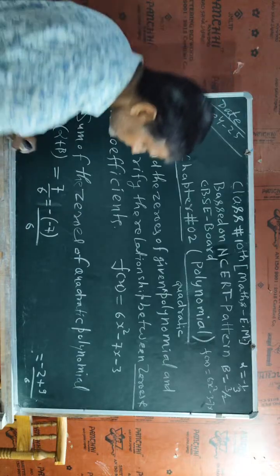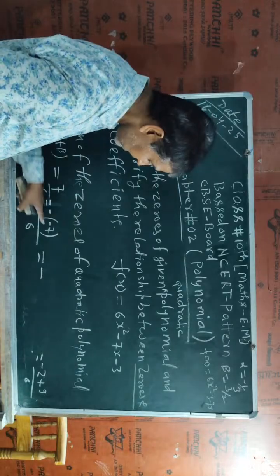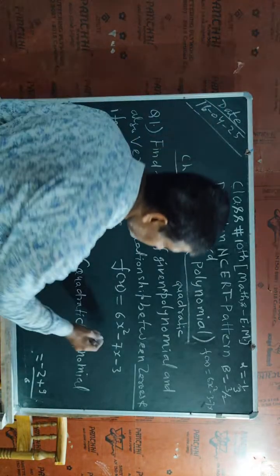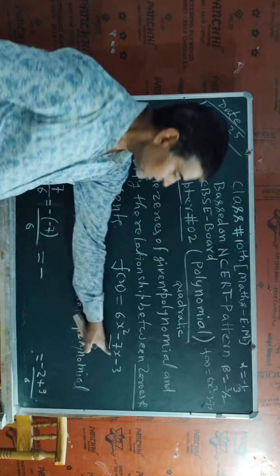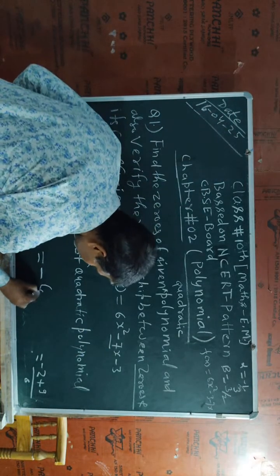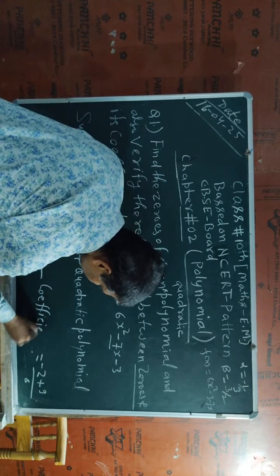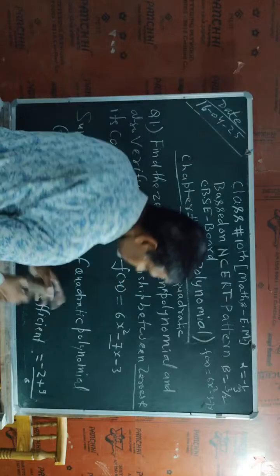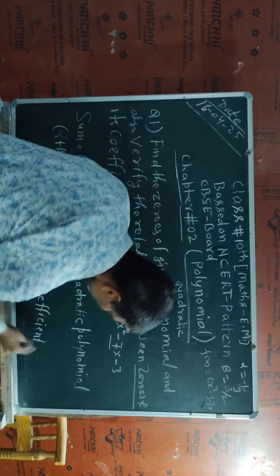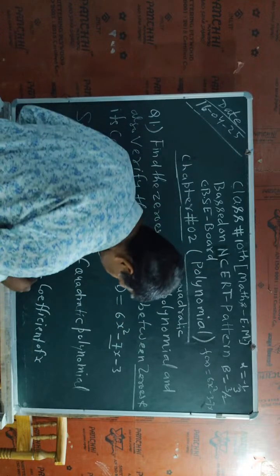Okay, student. Now further you listen, you look. This minus sign I am absorbing here. In the place of minus 7, I am going to write this is the coefficient of x. So I will write here coefficient of x. This term I am going to remove. Here I have written coefficient of x.